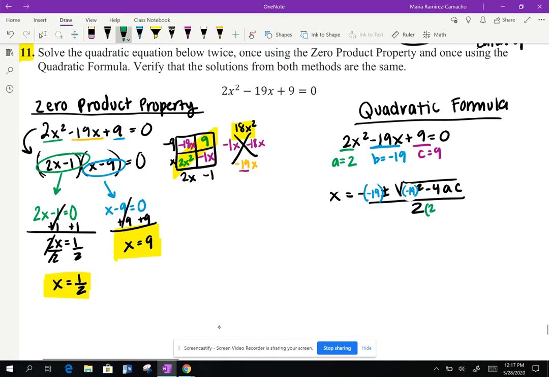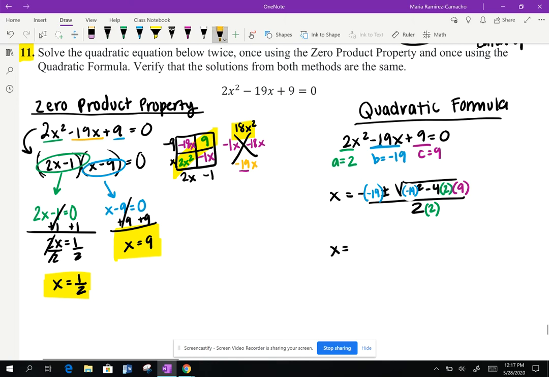Okay, plugging in 2 here. If you need to do this on your paper too, do it. Write out the formula, write out A, B, and C, and then erase and plug in like I'm doing here, if that helps you. Okay, and now term by term, we're going to simplify.